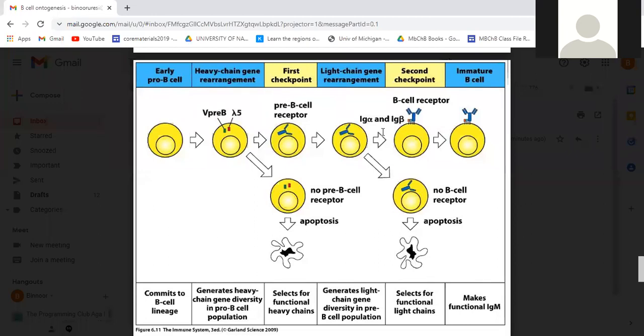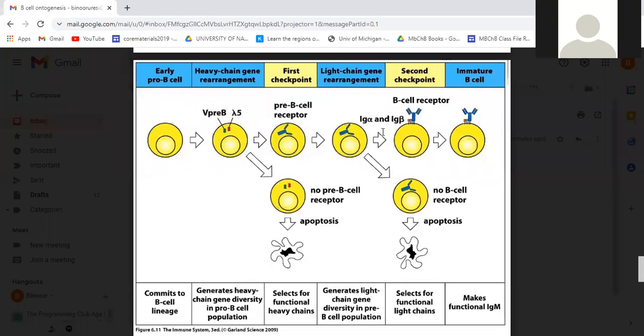From this stage, they must go into the next level of checkpoint, that is the pre-B cell receptor, whereby if the B cell does not express the pre-B cell receptor, then it receives the signal for apoptosis. And this is the first checkpoint.